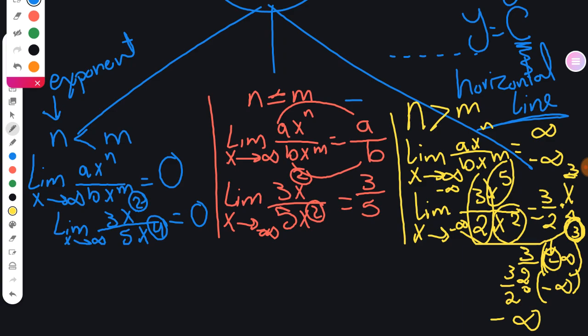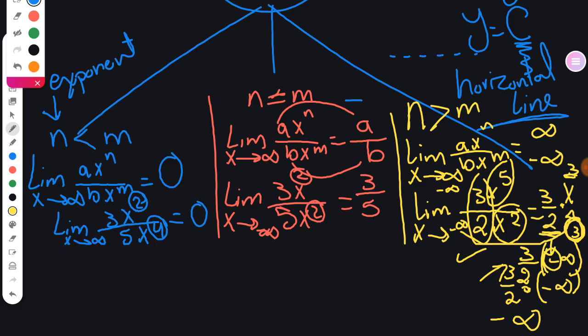I have to simplify it, find the leading term of the numerator over the leading term in the denominator, as you see here. Then simplify it. After we simplify, I replace by infinity or negative infinity. Any operation I do on infinity or negative infinity gives you infinity or negative infinity.